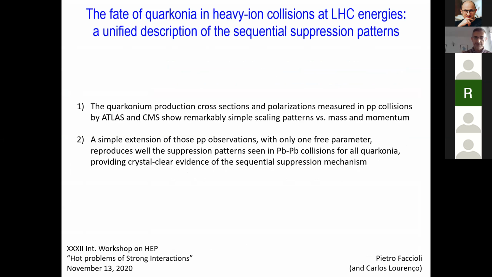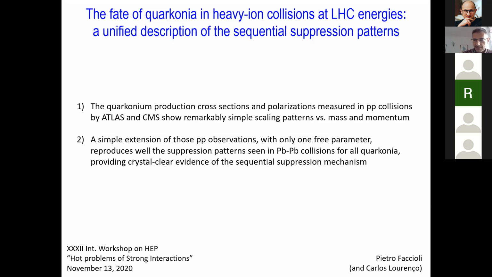Okay, I can start. So I will show the results of a purely data-driven study of quarkonium data from Atlas and CMS. First, I will look at the case of proton-proton collisions, where I will show that there are very simple patterns of scaling of cross-sections as a function of mass and momentum.